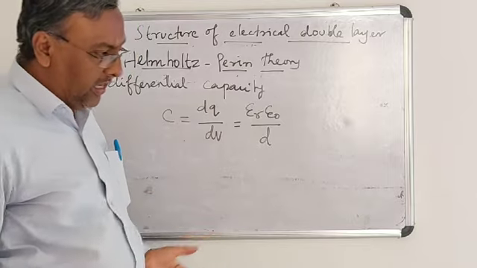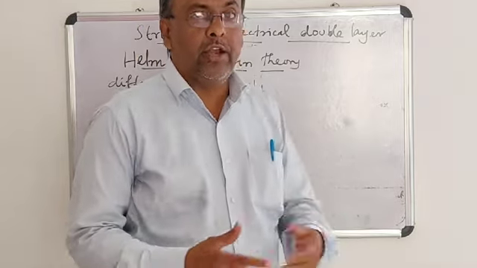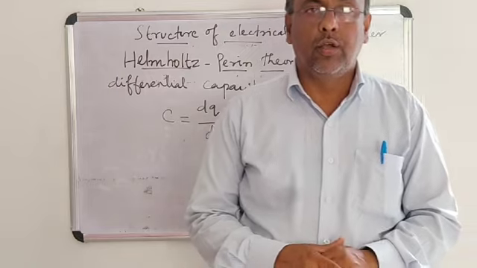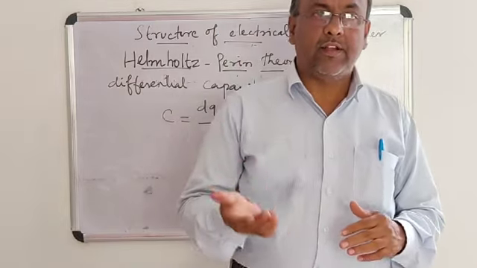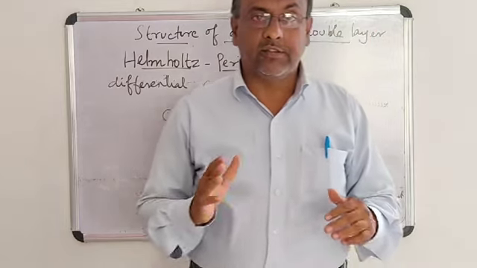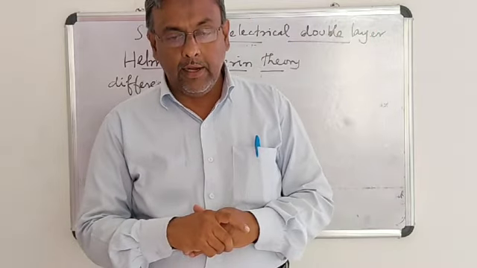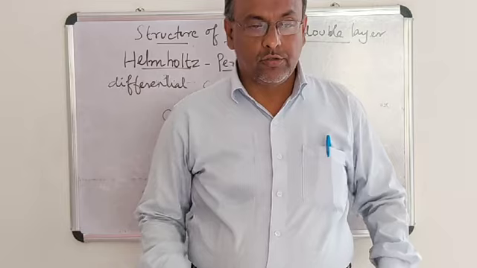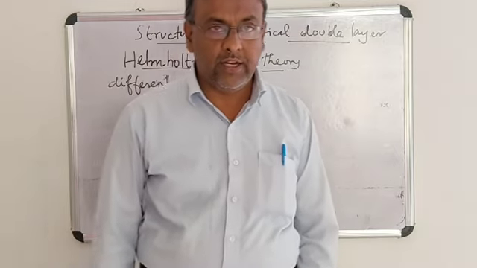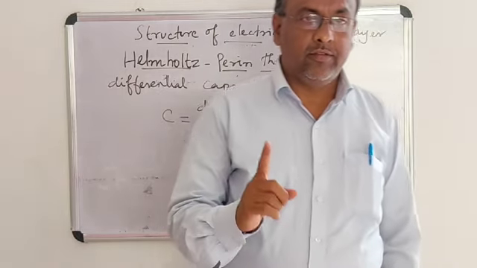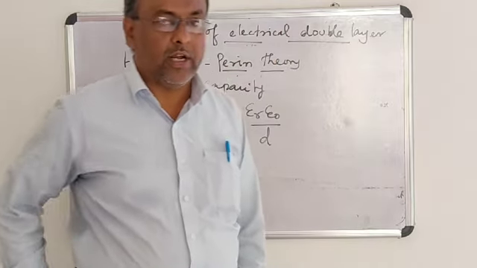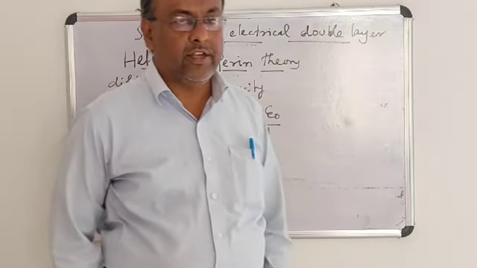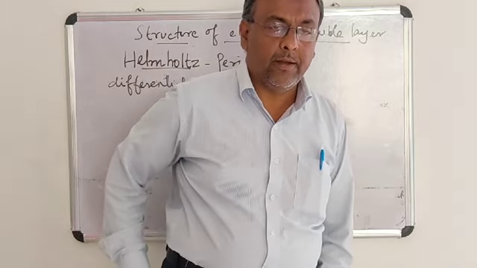The next theory, which we will study in the next class, is the Gouy-Chapman theory. After that we are going to study the Stern model of the electrical double layer. So students, today we have studied one theory about the structure of the electrified interface, the electrical double layer theory given by Helmholtz and Perrin.